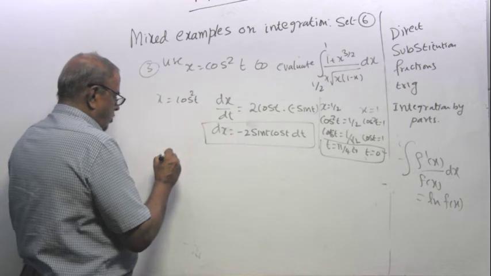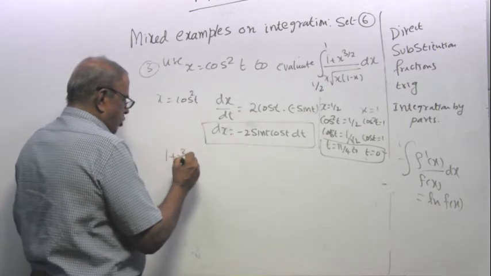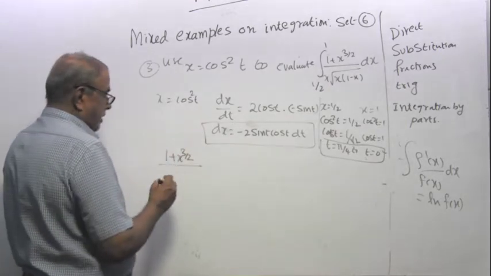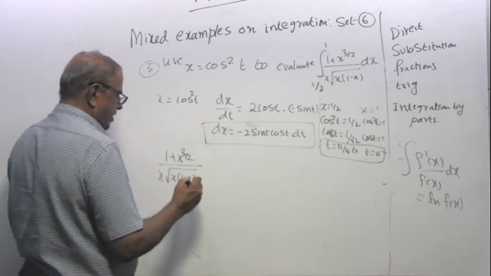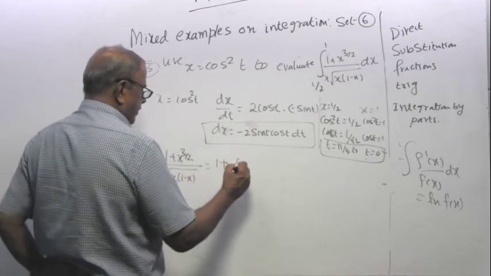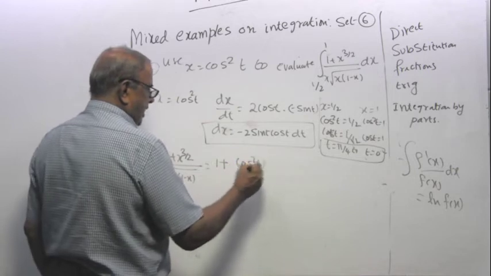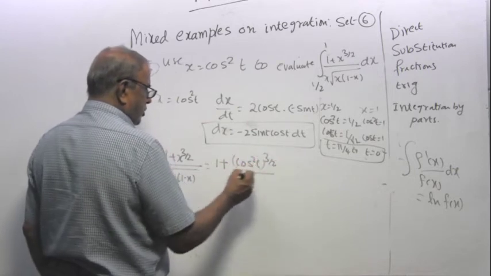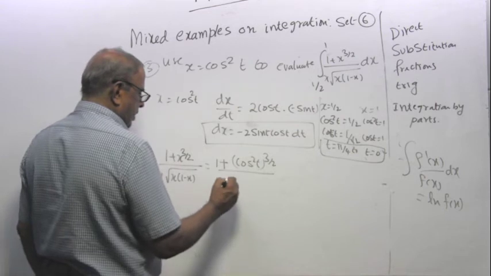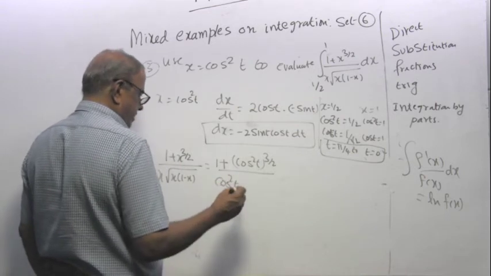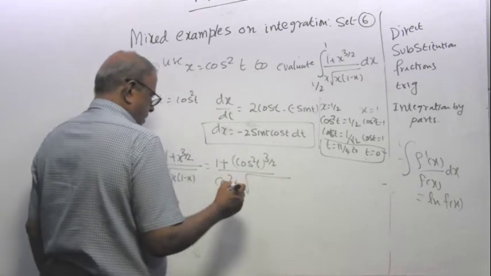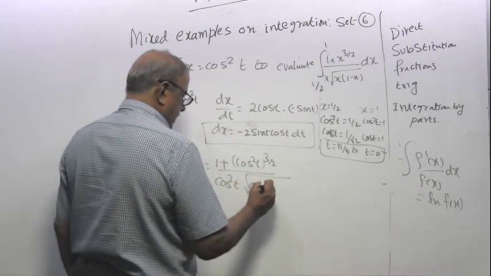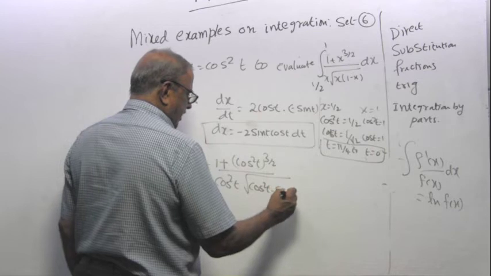Now (1 plus x) power 3 over 2 divided by x root x times (1 minus x) is (1 plus cos squared t) power 3 over 2 divided by cos squared t times root of cos squared t times sin squared t.